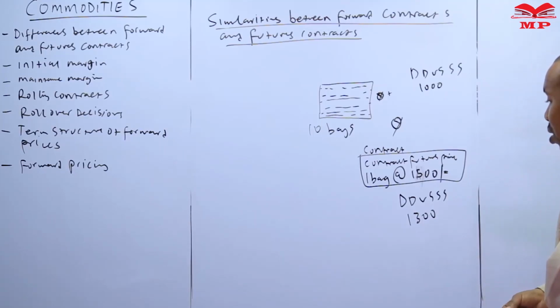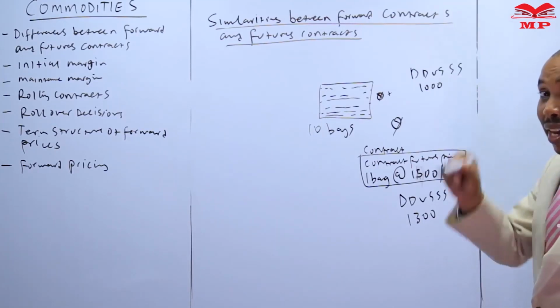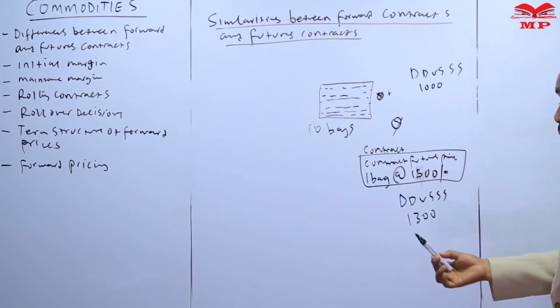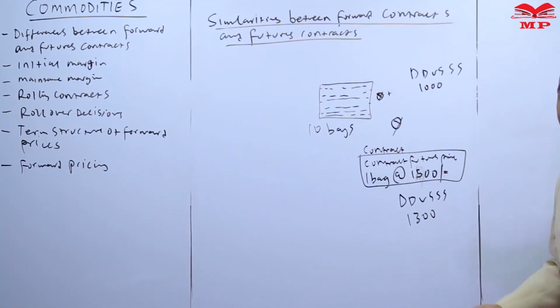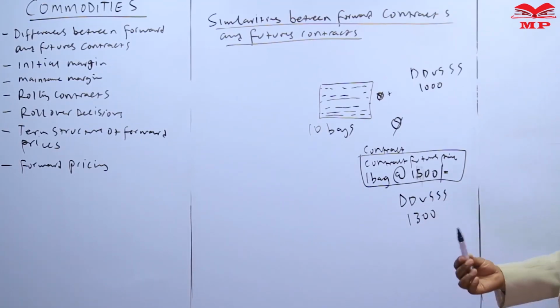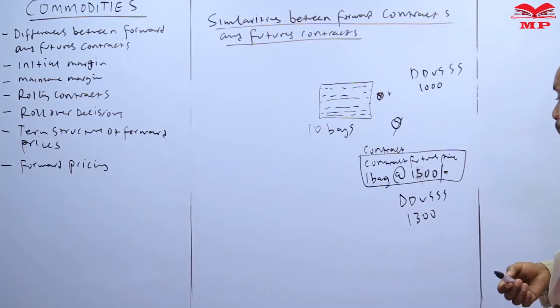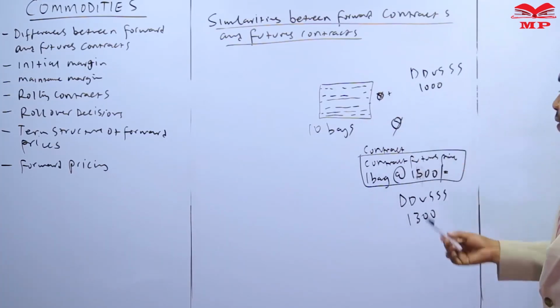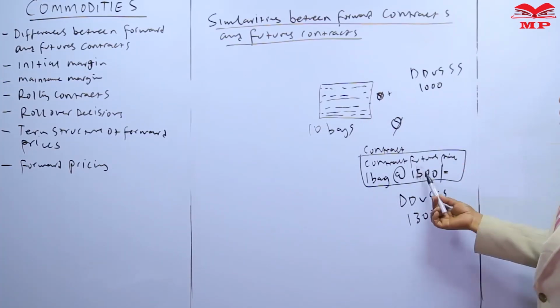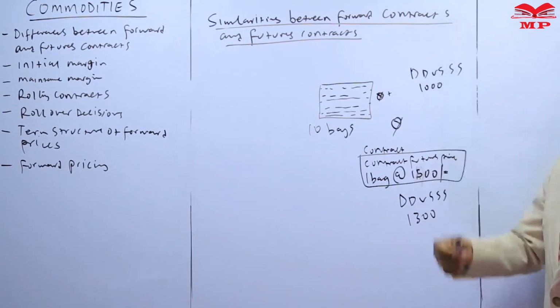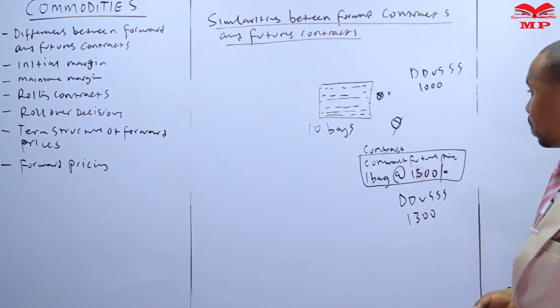Why? Because the forces of demand and supply at that time in future say that 1 bag of maize is going at 1,300, which is slightly lower than the contract price they had set 4 months before. That is where X will benefit, because instead of selling at 1,300, they will sell at 1,500, which provides a premium of about 200 shillings.